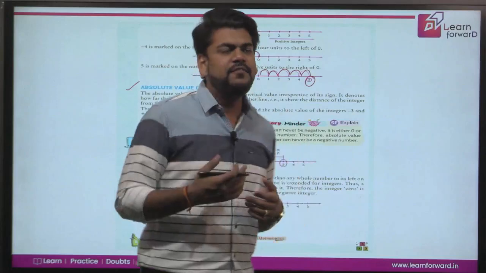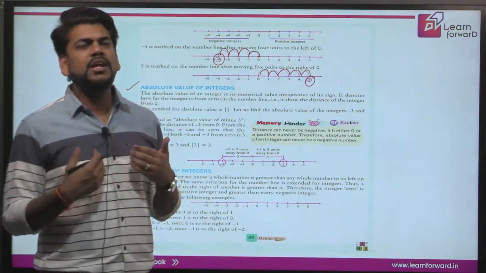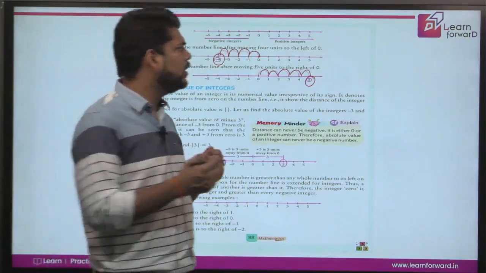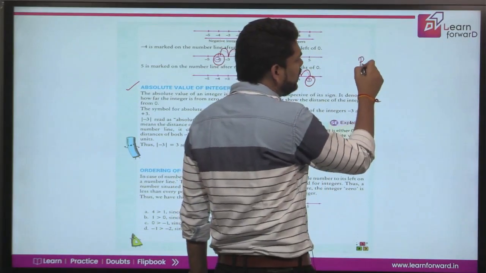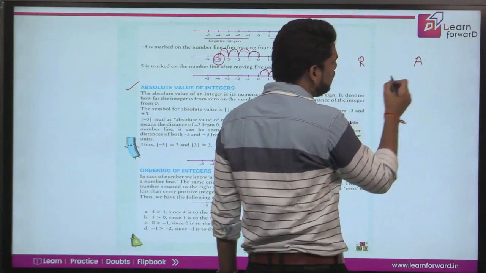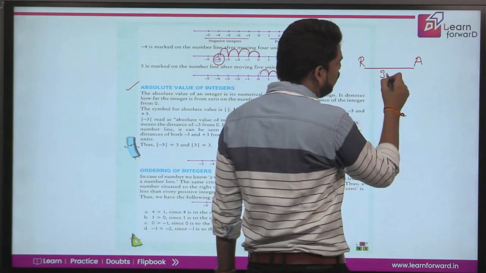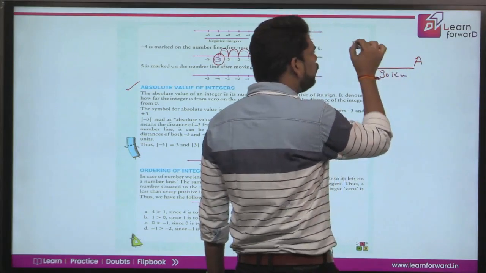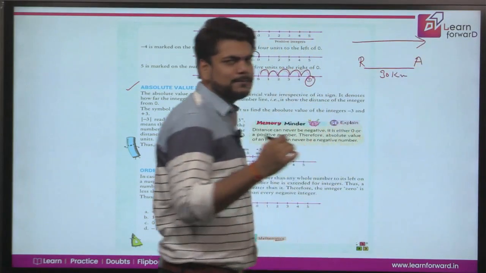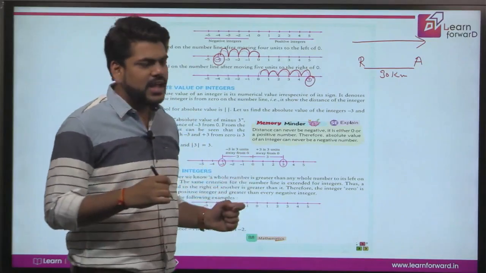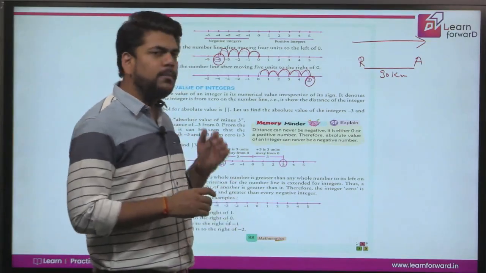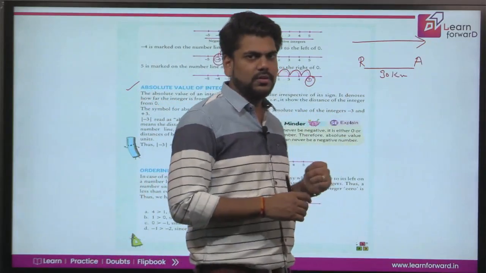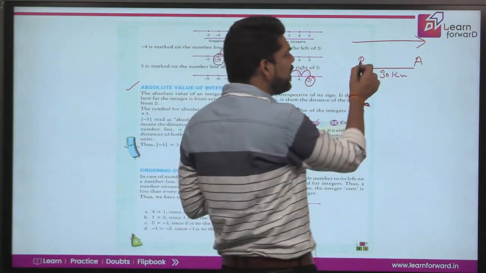For example, if I say the distance between Rahul and Amit is 30 kilometer, and both were moving in this direction. So can I say Rahul is behind Amit?